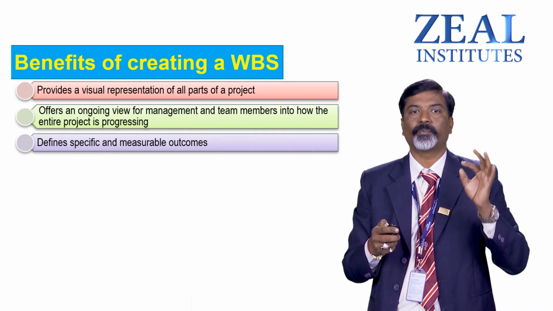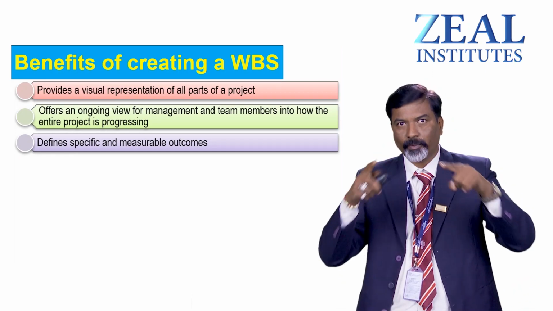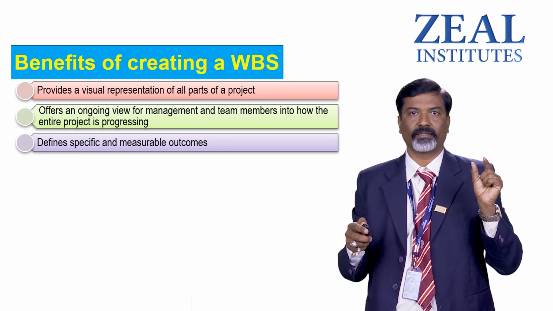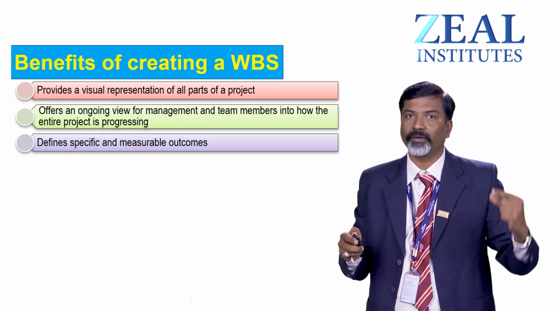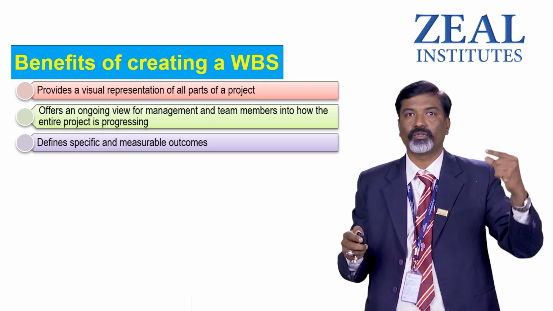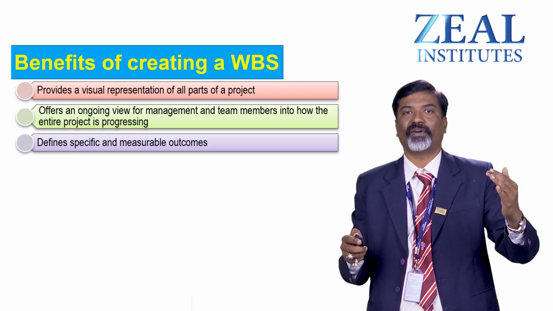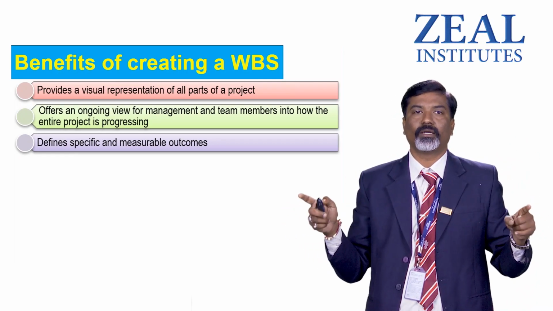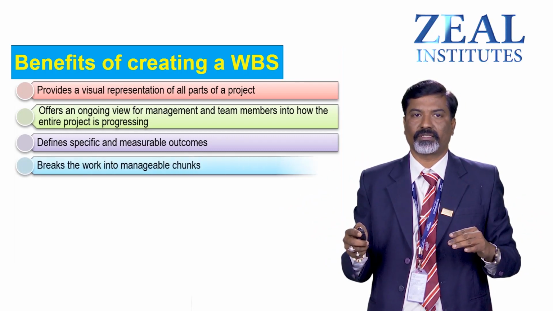Also, it defines specific and measurable outcomes. In a project, we have identified the task. So whether the particular task is completed or not, what different factors influence not completing a particular task, what different issues are identified, everything one can measure and identify with the help of this work breakdown structure.